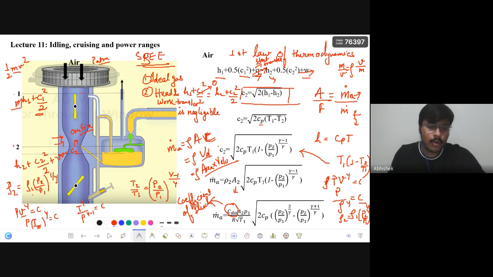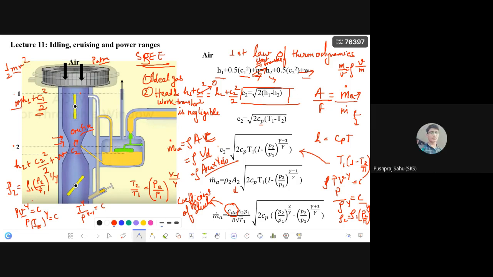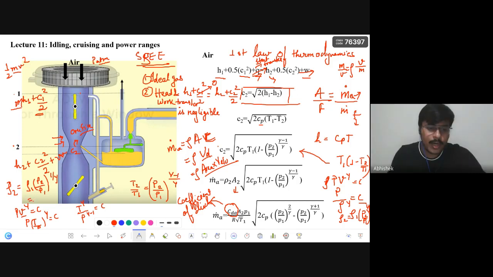Okay, everyone followed how I wrote this one? Yes, sir. Okay, in place of rho 1, what can I write? Everyone knows the formula P is equal to rho RT. If you write it with molecular mass, rho we can write like this. So just substituting, rho is equal to P by RT. This R is not the universal gas constant.